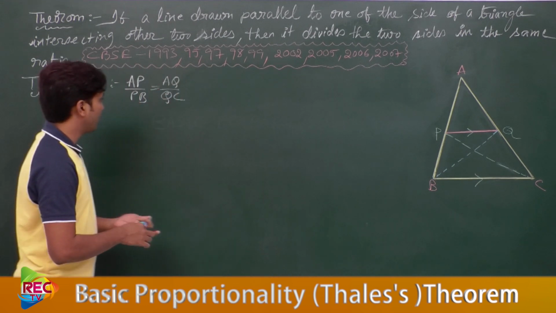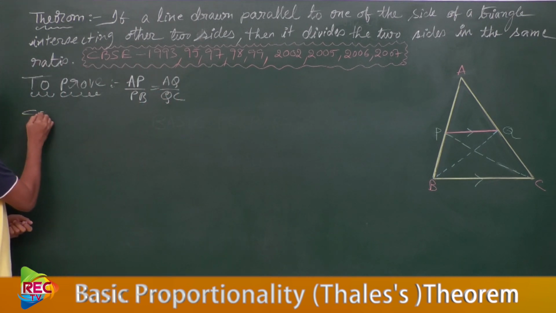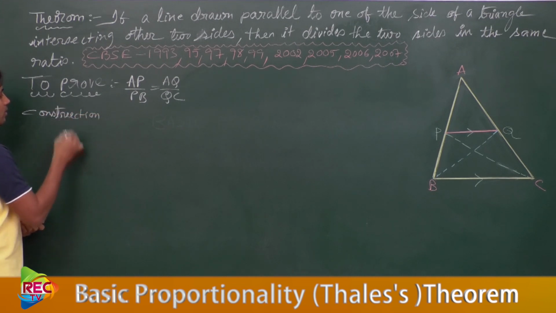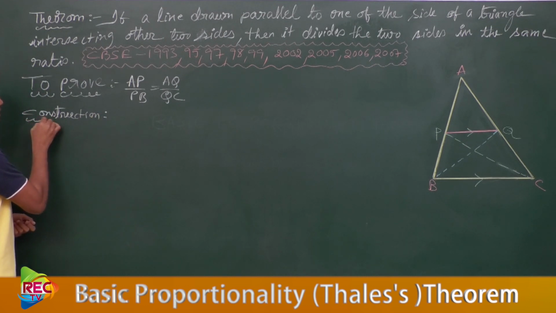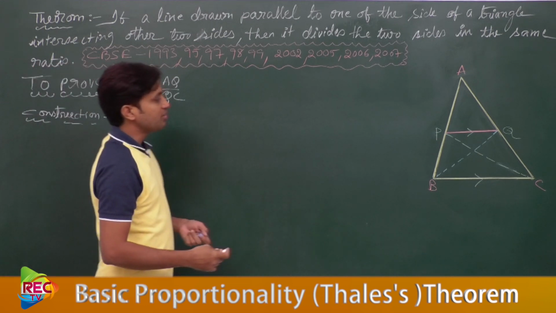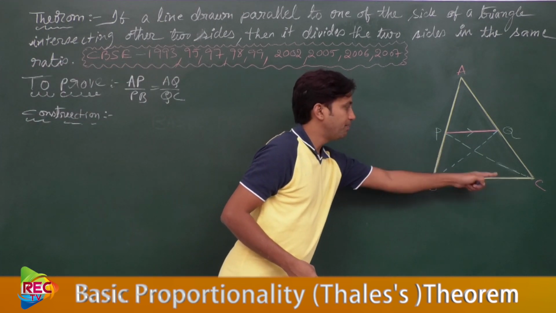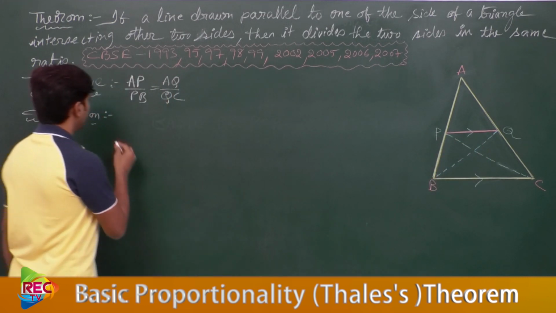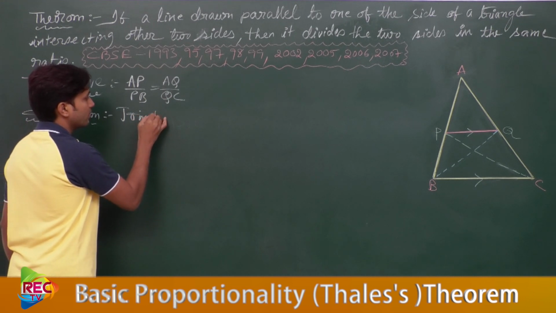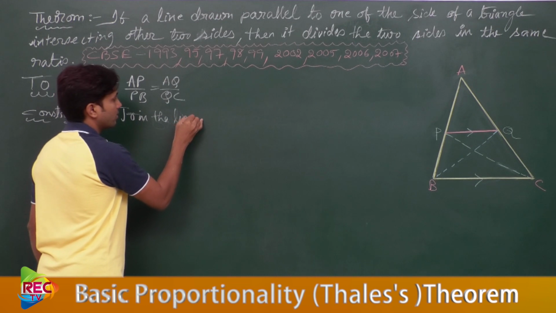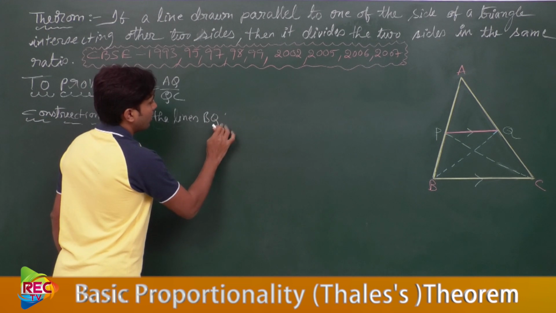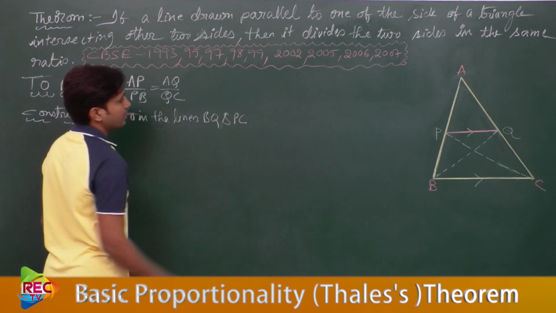So let us write down the construction part. The construction part would be: we joined PC and BQ, join the lines BQ and PC.